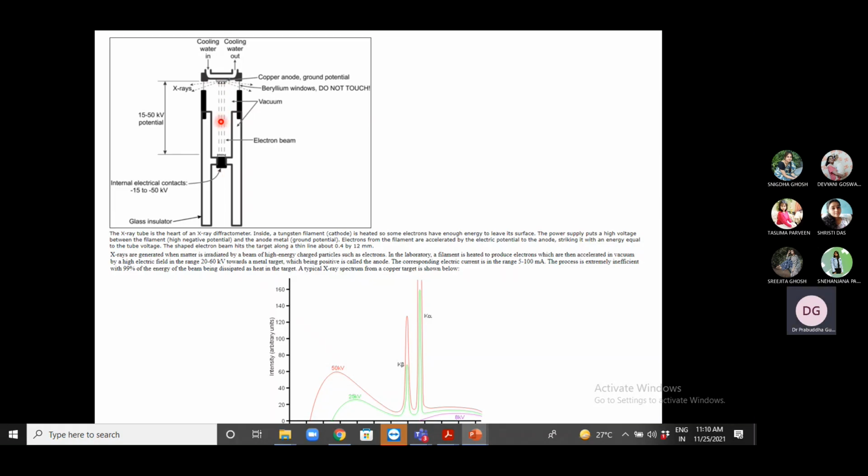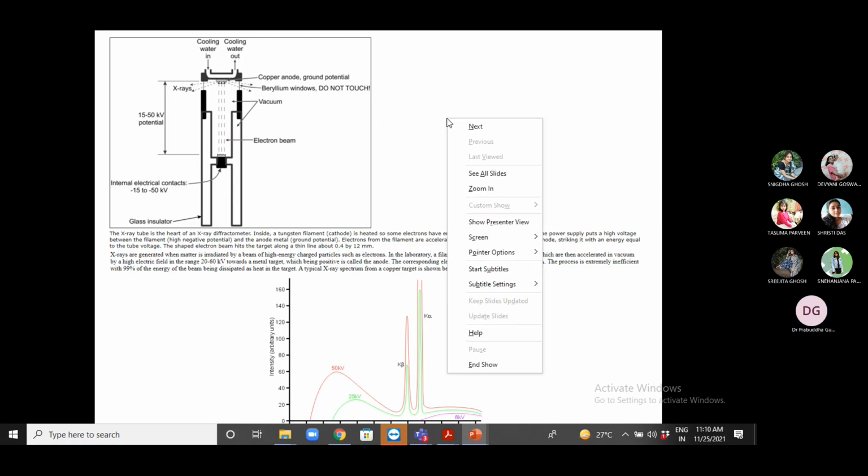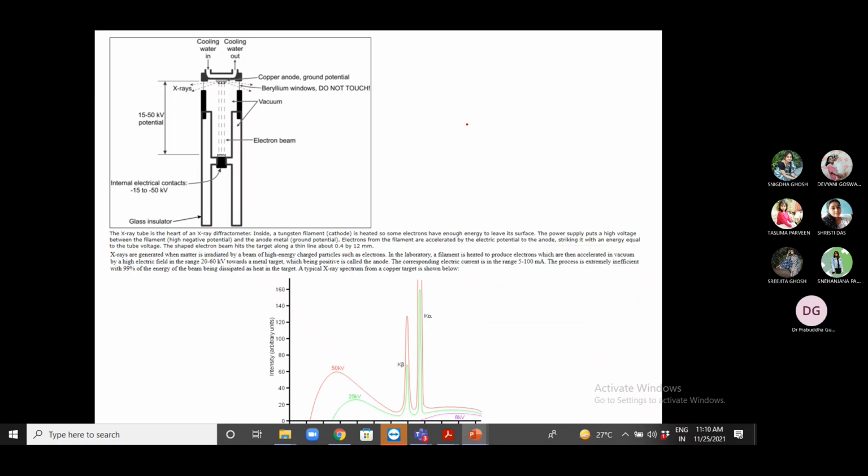So as it is running, let me draw it. You just keep a heavy metal like copper, chromium, etc. in their path, which is neutral. This is the copper nucleus, and there are a lot of orbits on which electrons are moving.